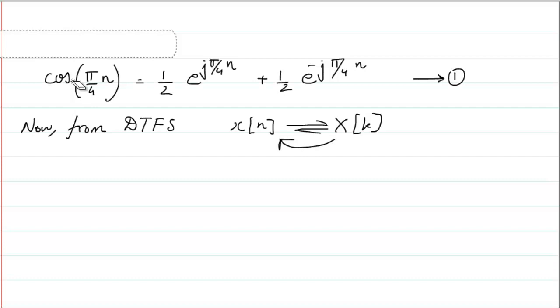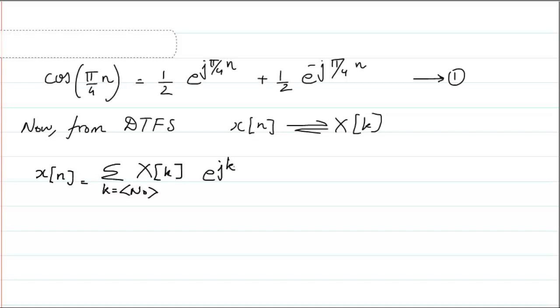We have already seen that formula: the inverse is given as x of n equal to summation over k within the limits of period n naught, capital X of k e raised to power j k omega naught n.